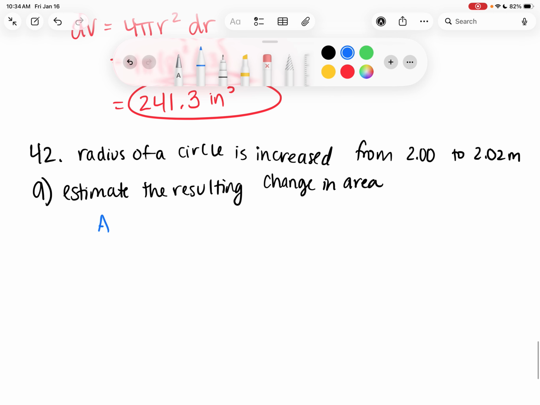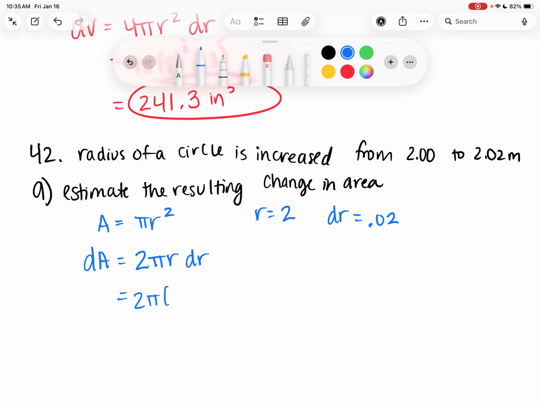So area of a circle is pi r squared. We know that the radius is like your initial value. So r is going to be equal to 2, and dr is the difference between those two things, so that's going to be 0.02. Now I can take this formula and find the derivative. So we've got dA equals 2 pi r dr. And then we just need to plug the stuff in.